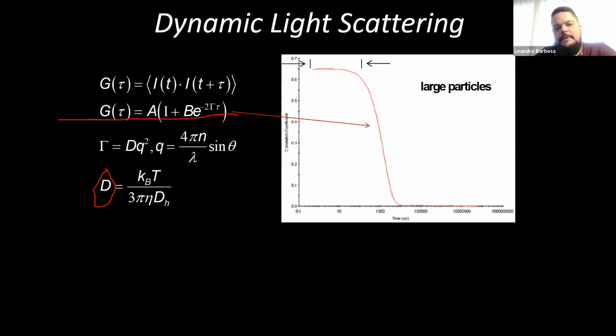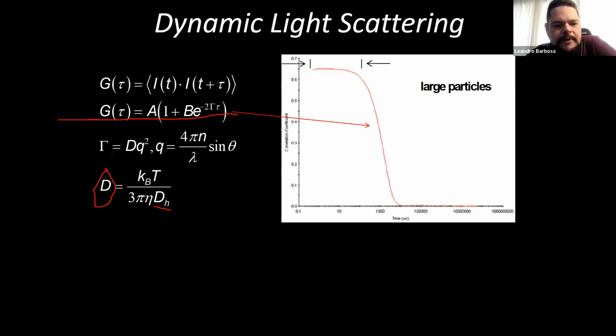Then most of the machines, for some practical reasons, make the assumption that this diffusion coefficient is the same diffusion coefficient as a solid sphere with some particular radius, or in this case diameter, would have in solution.